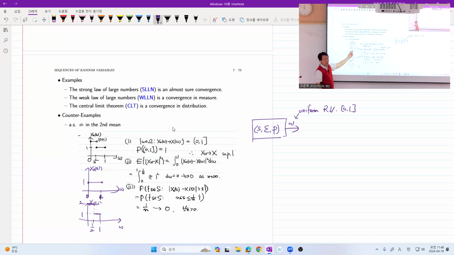So very small. Now, first question: does this sequence of random variables converge to what? What is the limit, you guess? Just as an engineer, take a sufficiently large number, a million for example. Then for this interval, the value is 1, and for a very small interval, it's very large, but that probability is very small.